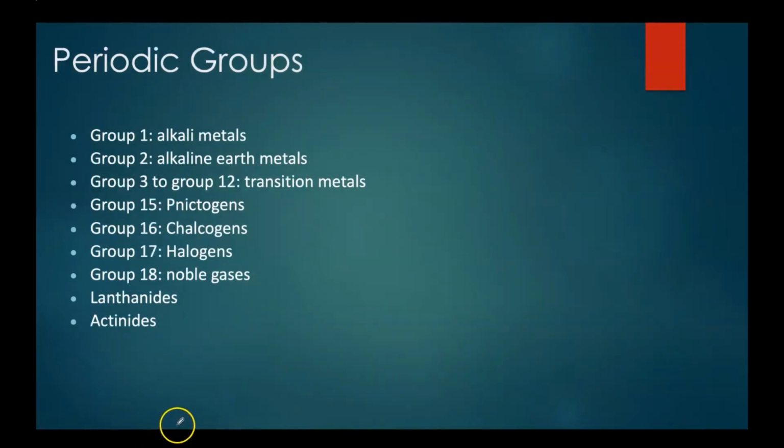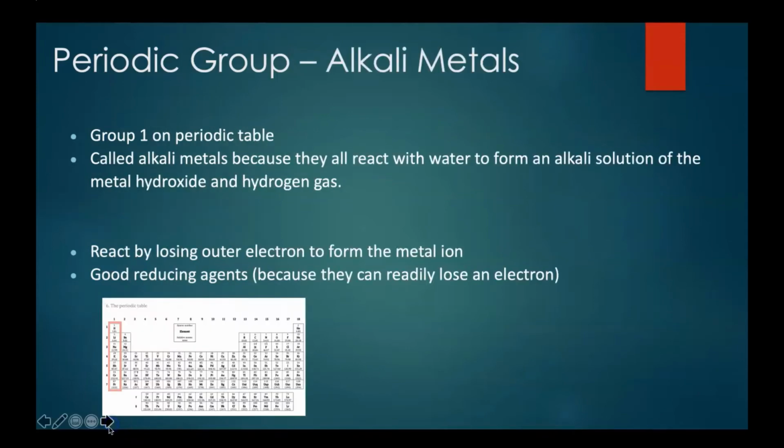So we now need to know the names of the different groups within the periodic table. The first group that we're going to talk about is the alkali metals. Alkali metals are located in group 1 on the periodic table, and they're called alkali metals because they react with water to form an alkali solution of the metal hydroxide and hydrogen gas.